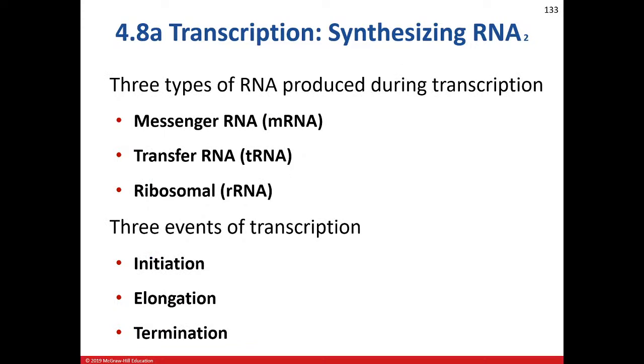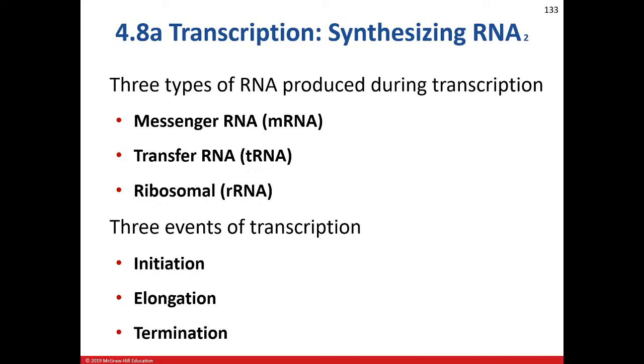And it's kind of a big protein complex. So there are 3 types of RNA produced during transcription. We have messenger RNA, transfer RNA, and ribosomal RNA. Well, okay, so transfer RNAs and ribosomal RNAs actually should be produced before transcription, but they're used in translation later.